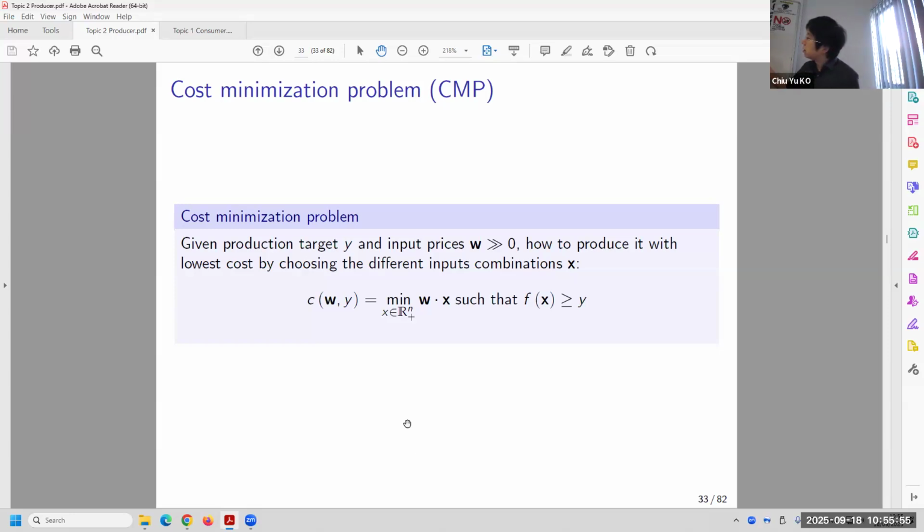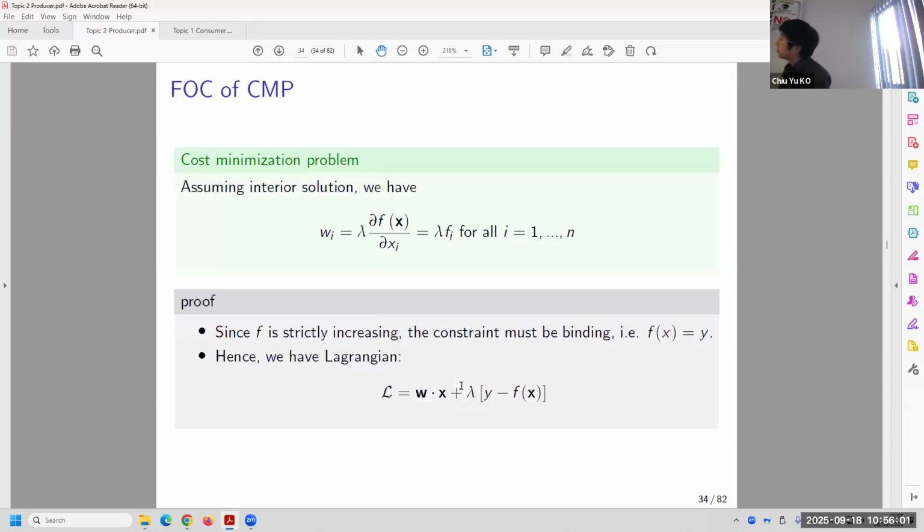So we have a nice solution under the assumption we have on F, okay? And if you recall, you solve the Lagrangian, right? If you remember the outcome in the first lecture, or last lecture, the price is equal to lambda, the Lagrangian multiplier, times the marginal utility, right?